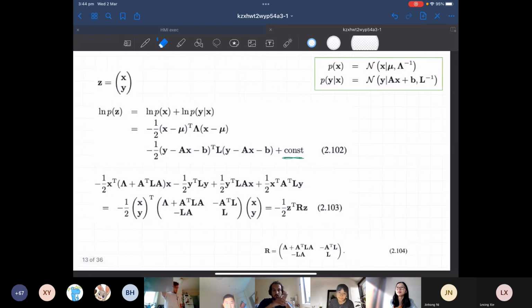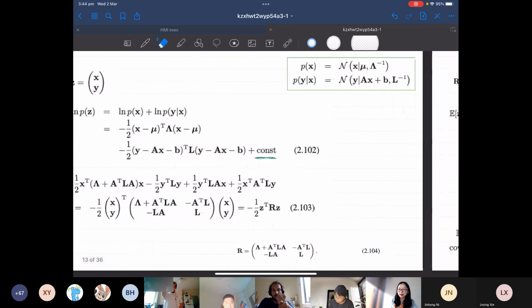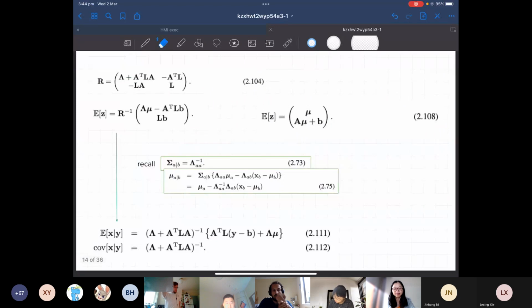Let's not do it on the spot. What this entails is that the expectation of z involves the precision parameter.